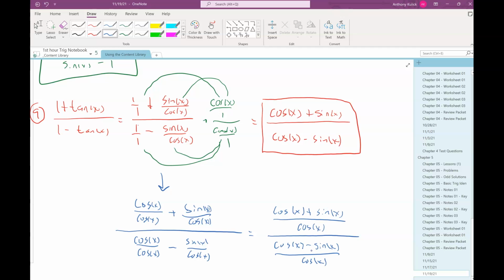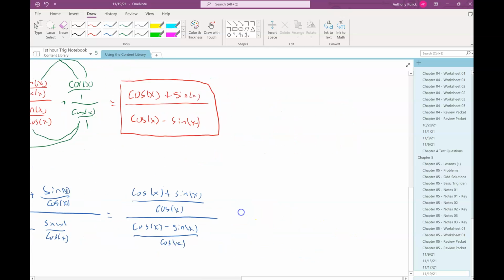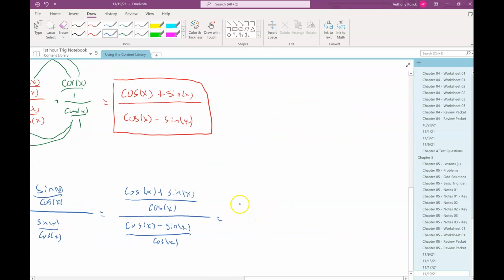Still doing okay? And then we'll multiply or divide these two fractions. So the numerator is just going to stay the same. Then we'll change it into multiplication. The denominator we're going to flip upside down.